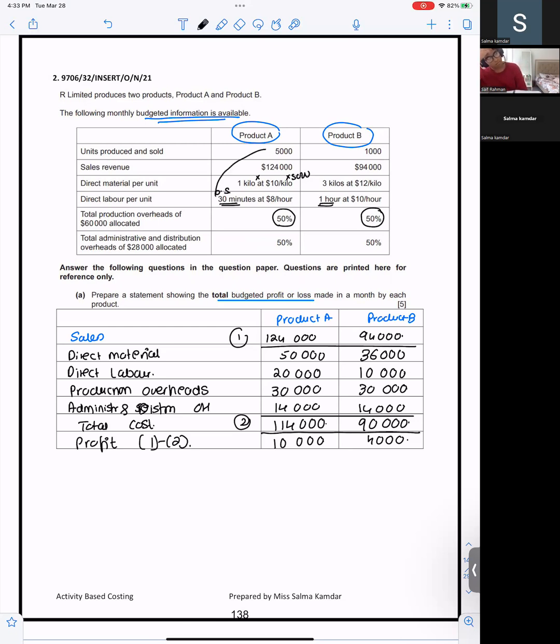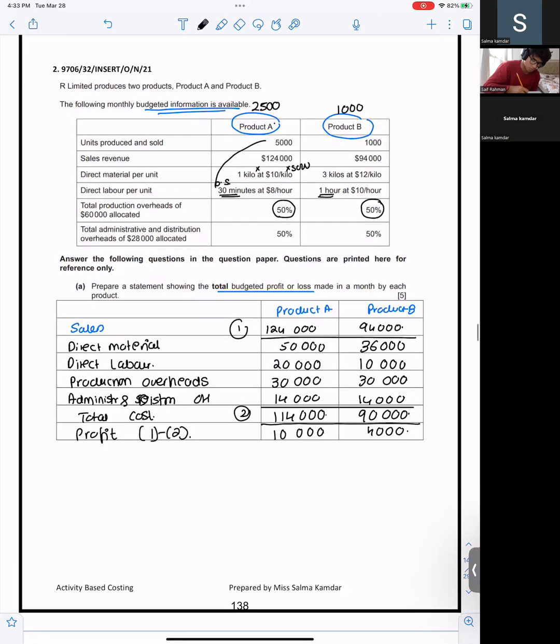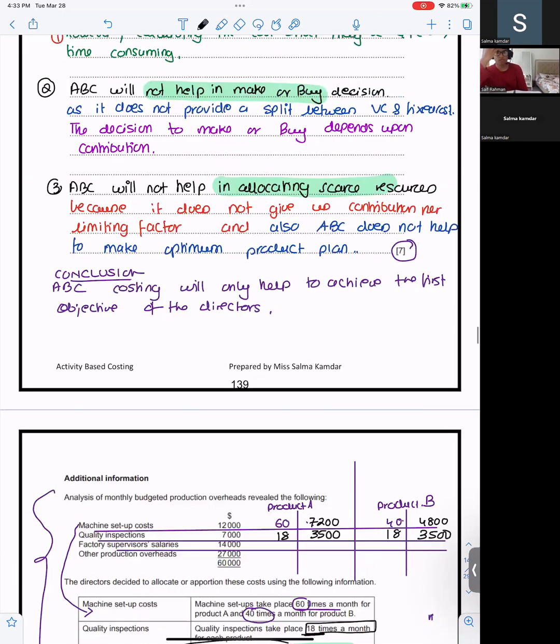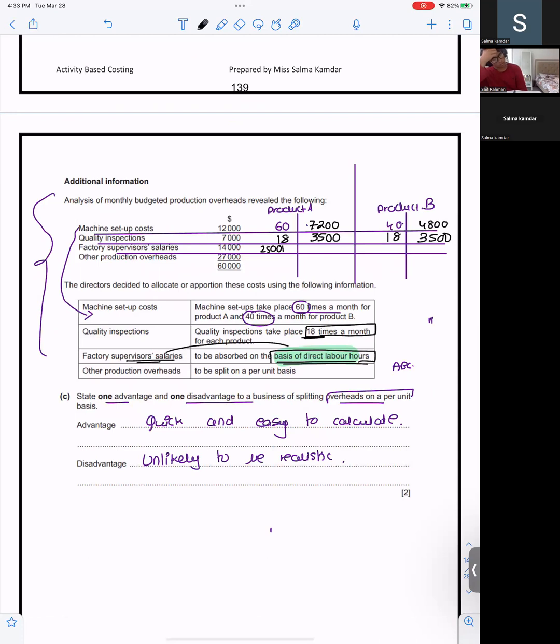5,000 into 0.5 is 2,500 hours for product A. And how much for product B? 1,000 into 1, make it 1,000. So it is 2,500 hours for product A and 1,000 for product B. So what will be your apportionment of the 14,000?